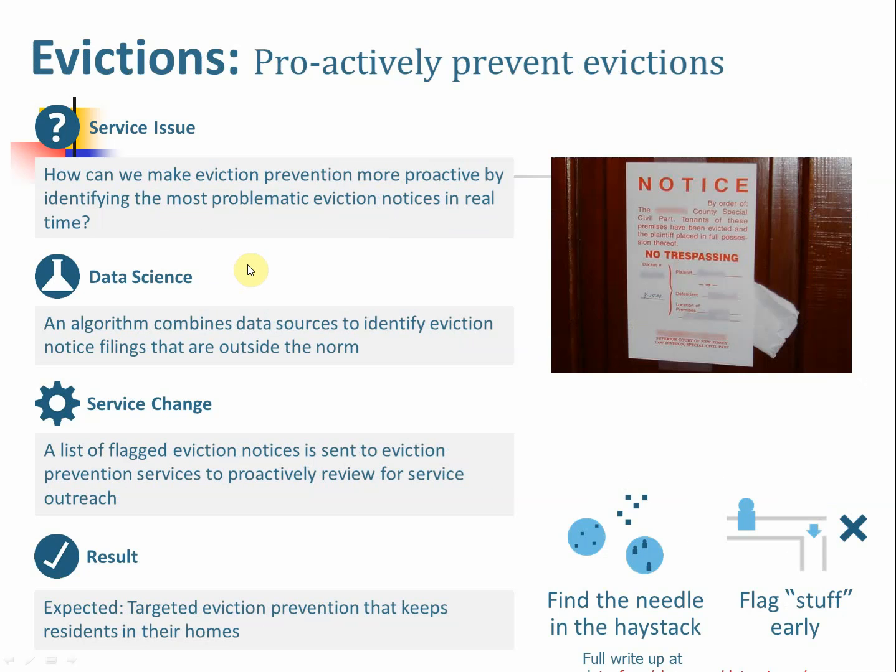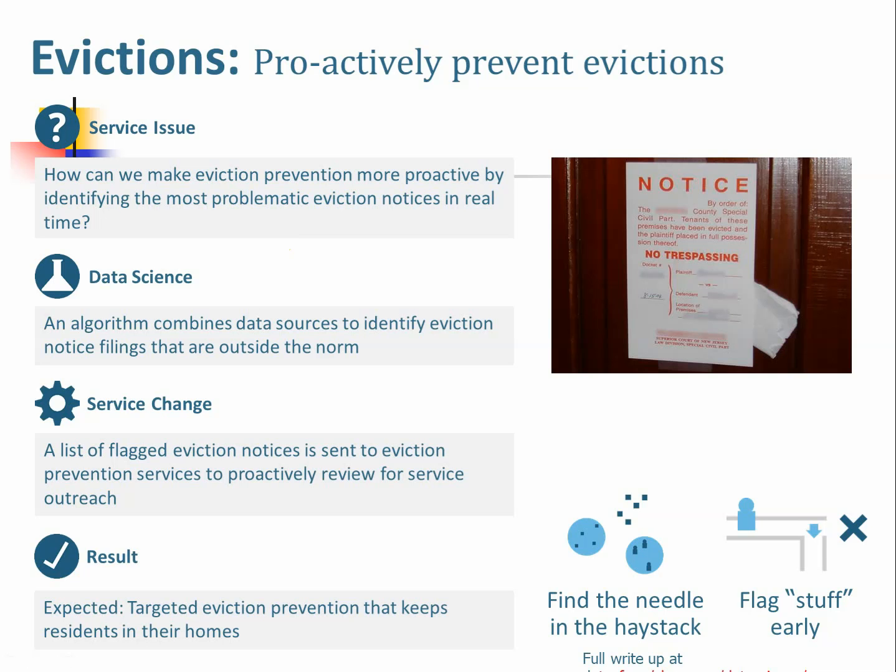Another example is eviction. How can we make eviction prevention more proactive by identifying the most problematic eviction notices in real time? Eviction indicates that some people are not able to pay their rent or something, and they need to be forced to go out of the house. And that obviously is something going very wrong.